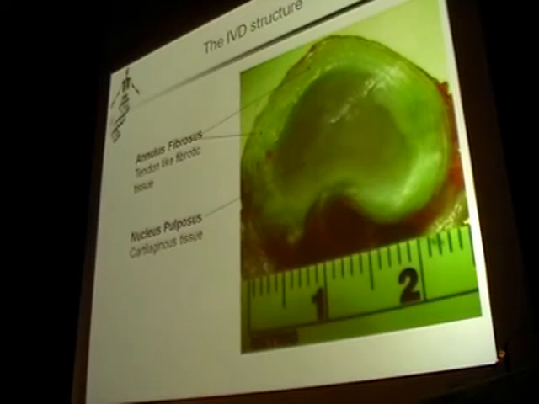So our approach was that we could intervene using MSCs to repair one of these tissues after injury.